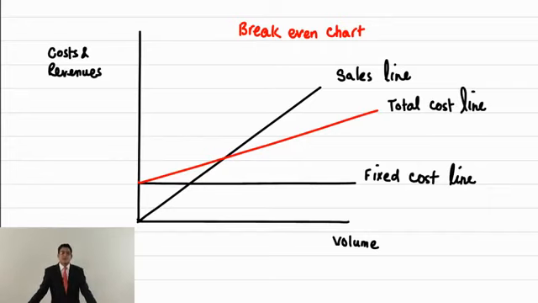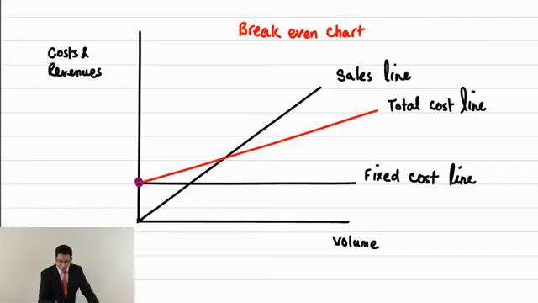It remains the same in gradient, but we put it on top of the fixed cost, so it still does not disturb the variable cost relationship. You can see here that if there is no volume, there is no variable cost. There is fixed cost but no variable cost.